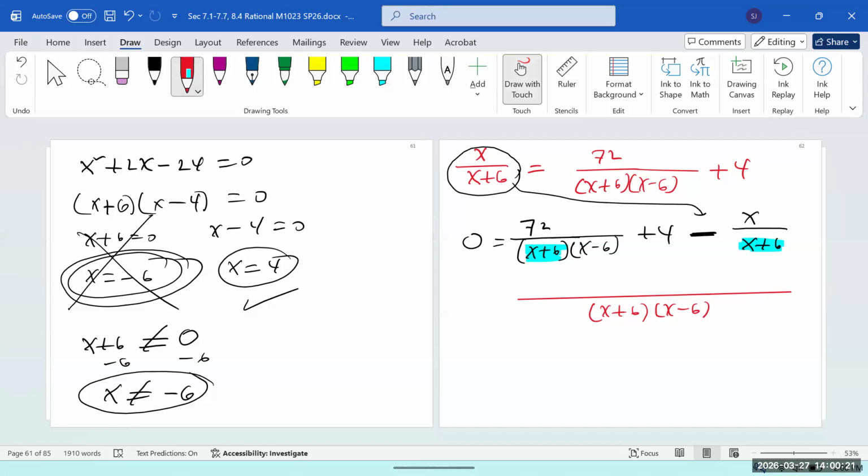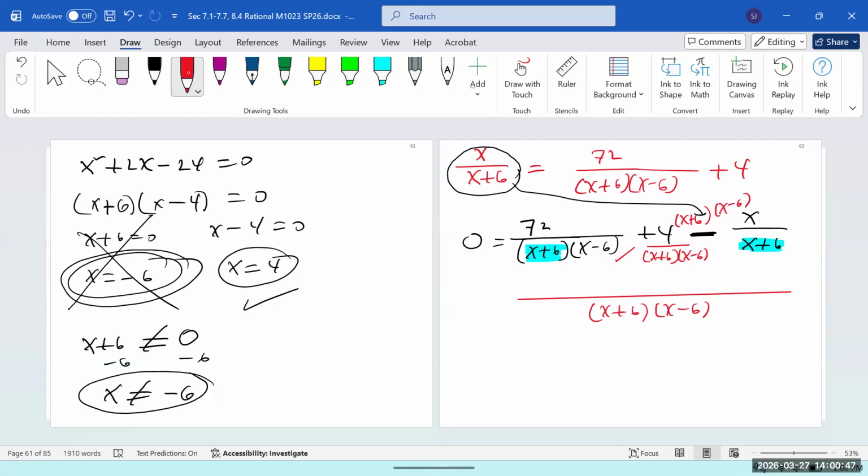Okay, so we want every denominator to have this. The first one already has it. We are happy. But here, below the 4, there is no denominator. We want them: (x plus 6)(x minus 6). So we multiply both numerator and denominator by that.